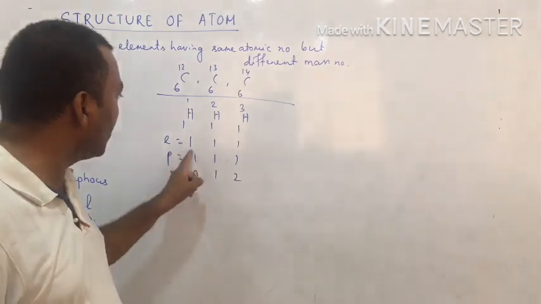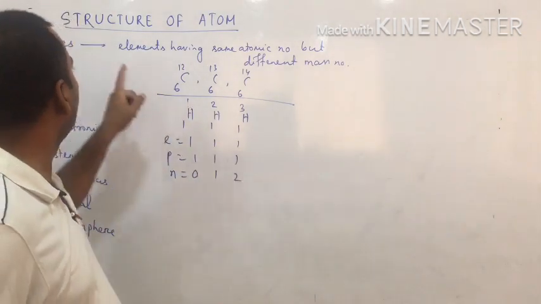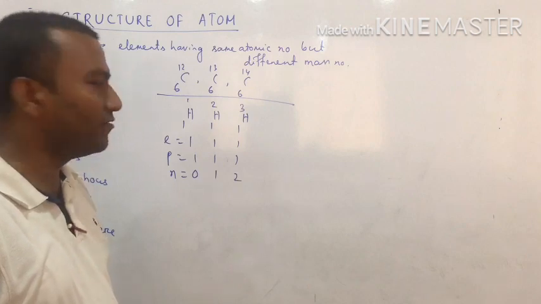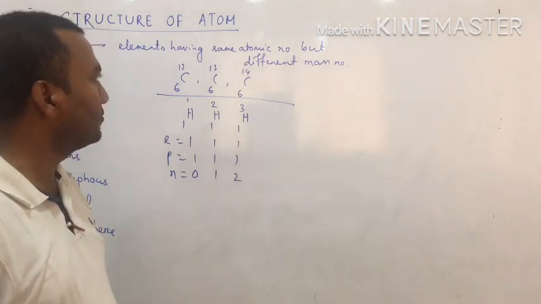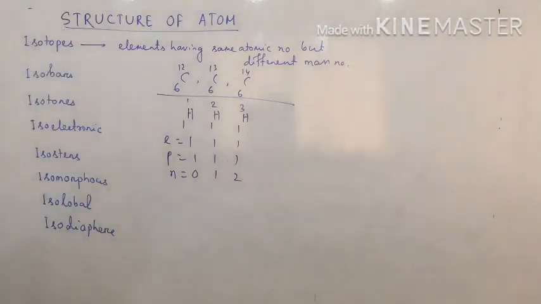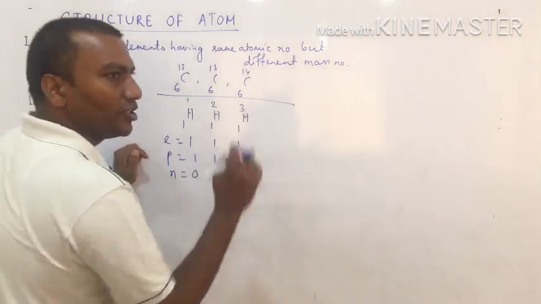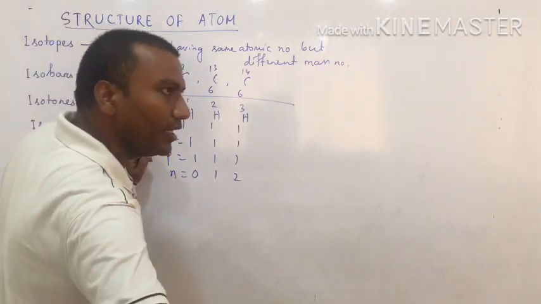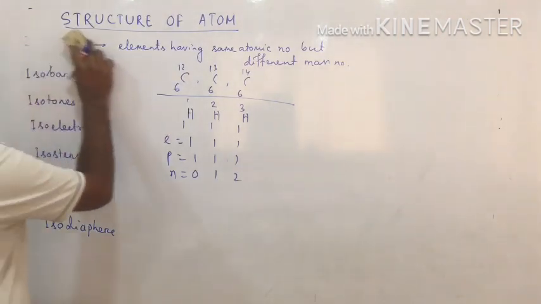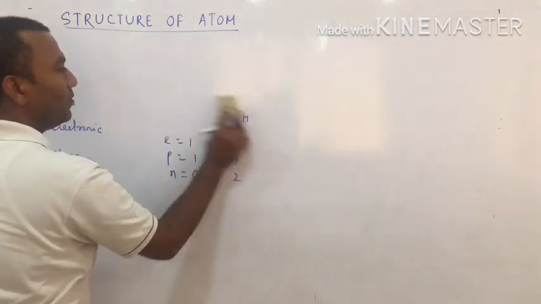So due to the same number of electrons, isotopes have the same chemical properties but different physical properties. Clear? So this is called isotopes.